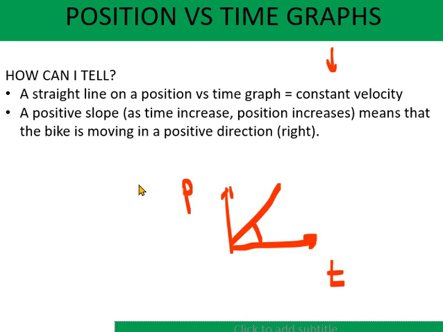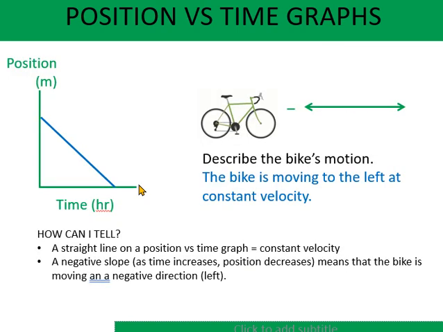So the positive direction is to the right, minus plus. Imagine that we see a graph like this. Here with the time, the position is going down. And what can we say?